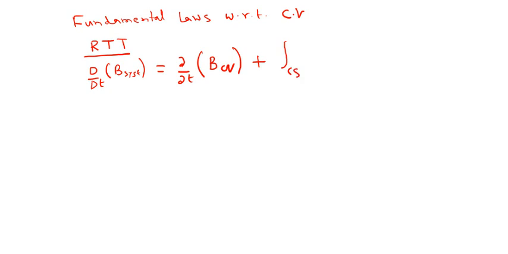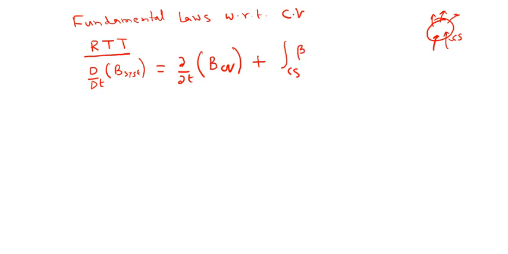If you consider this as a control volume, say this is the control surface, then some property is going out of the control volume through this control surface, and some property is coming into the control volume through this control surface. So that is the adjusting term.